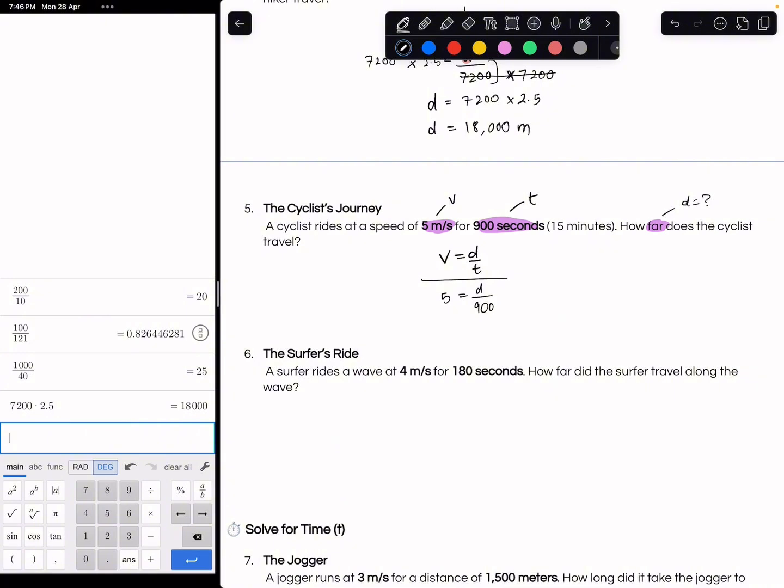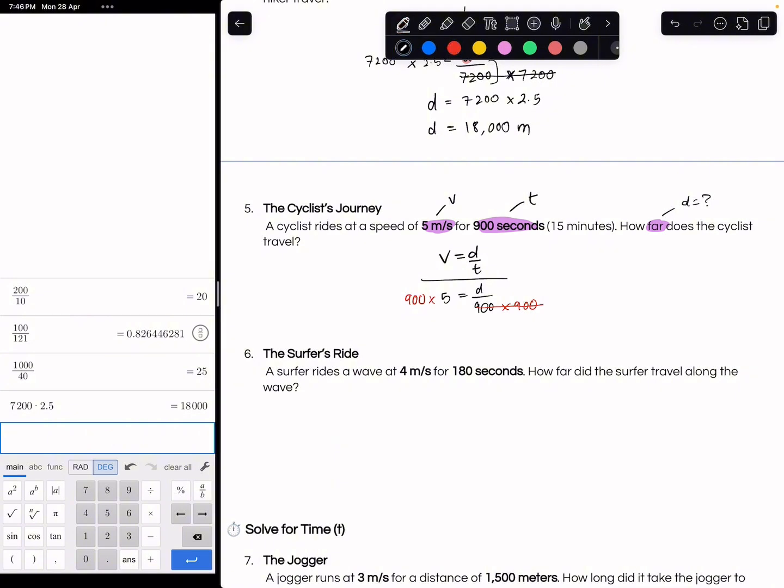So we need to rearrange this equation to find the distance. I need to get rid of divide by 900. The opposite of divide by 900 is what? Times by 900. And that cancels it out on this side. What I do to one side of the equal sign, I have to do to the other.